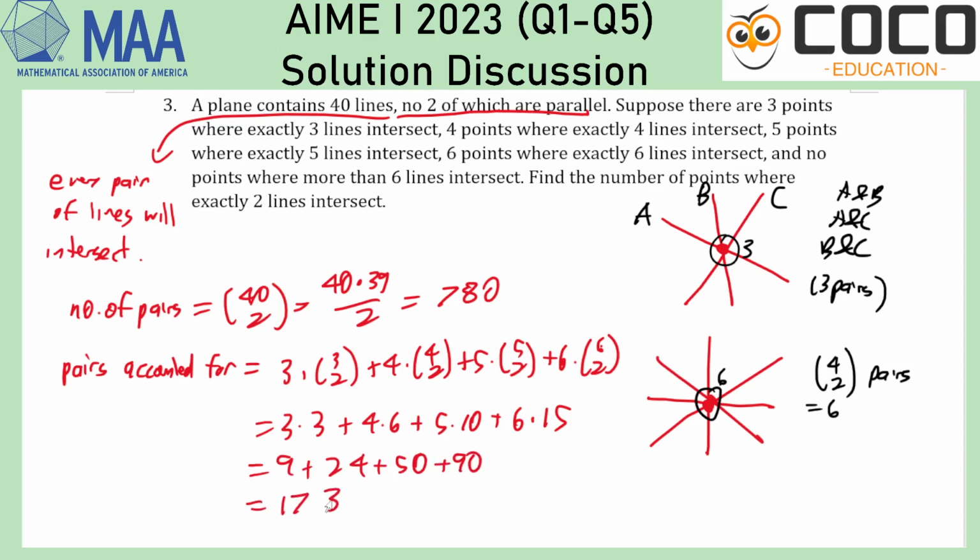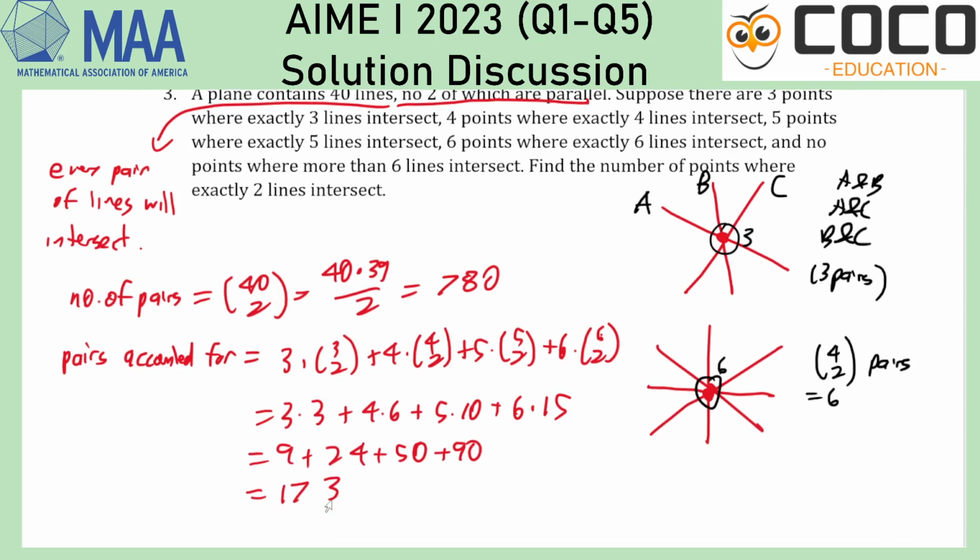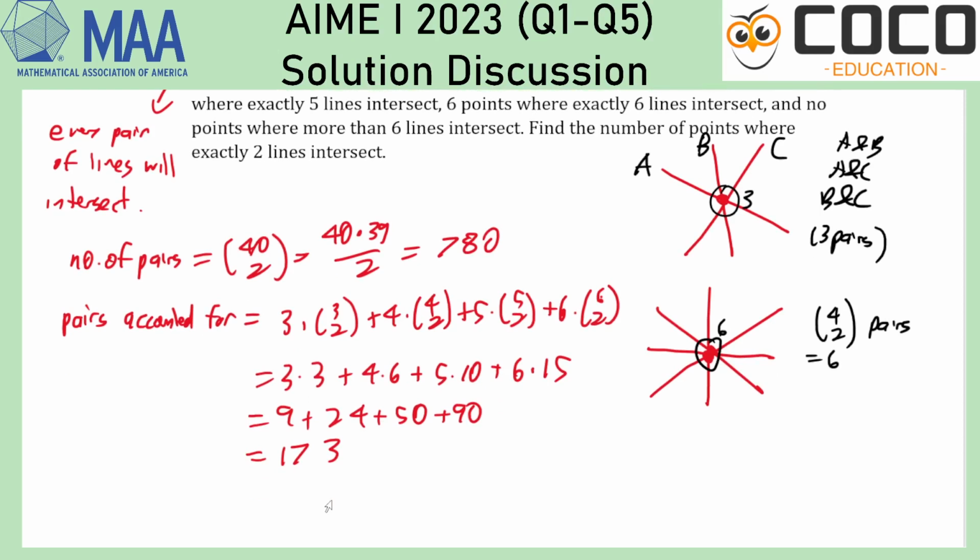So 173 pairs have been accounted for by the points which we have mentioned so far. That means that the leftover pairs, which must have their own personal intersection, so maybe I'll say pairs accounted for by shared intersections. So your answer is just everything else, which is 607.